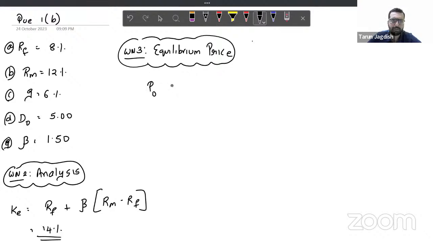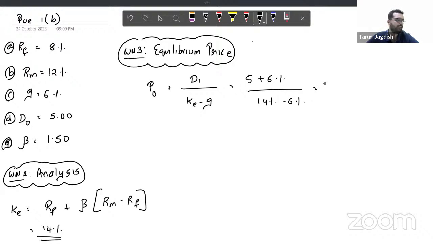Okay. So the formula: P0 will be equal to D1 divided by (KE minus G). So that will be 5 plus 6% divided by 14 minus 6%. So what's the answer you get over here? Do you get the answer as 66.25? All right, I'll give you a minute.